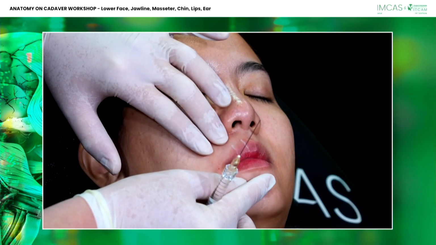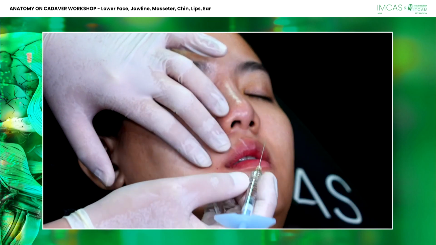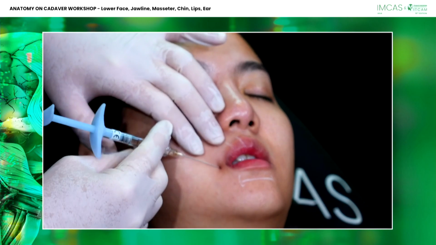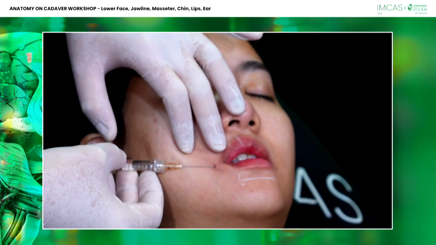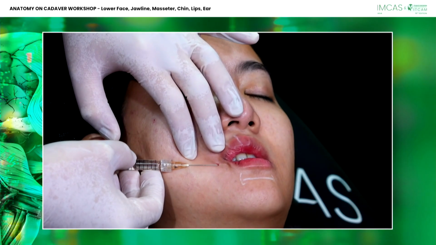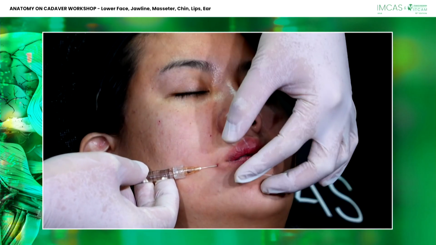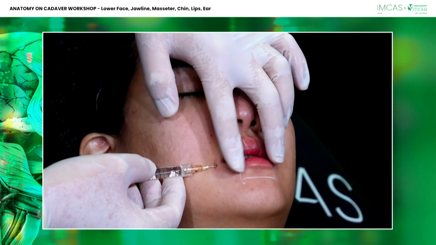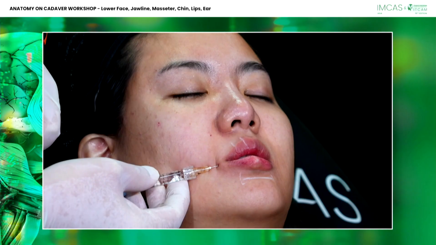Okay, open your mouth a little bit. Then I'm going to inject the lower lip. Get inside superficially, until you reach the midline.